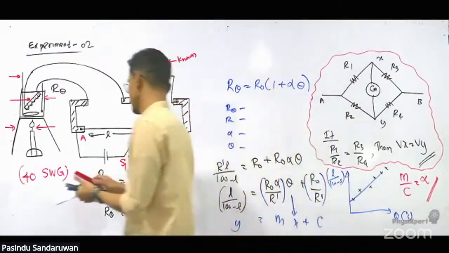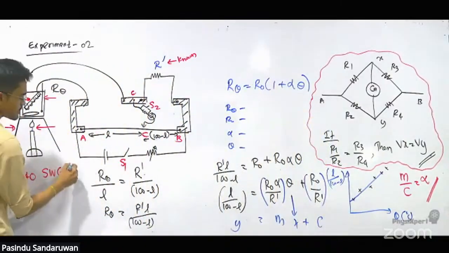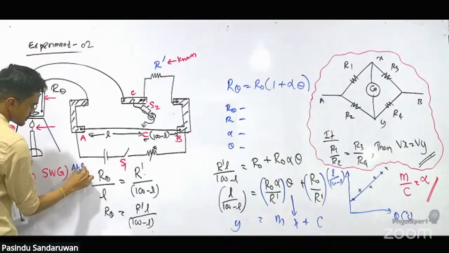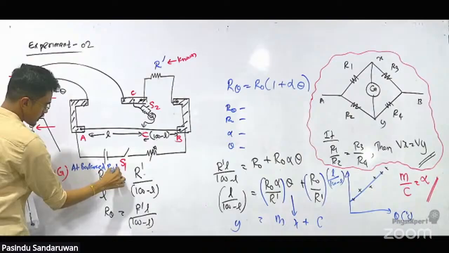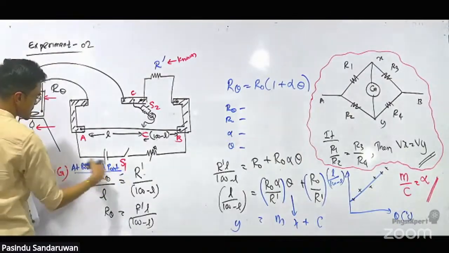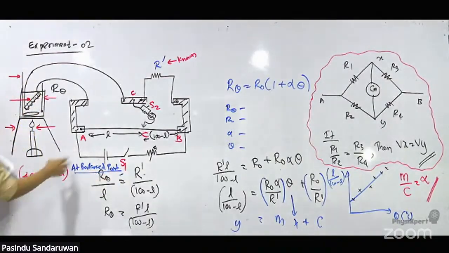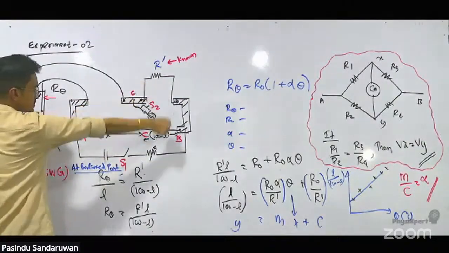Then mention at the balance point, R0 over L equals R dash over (100 minus L).